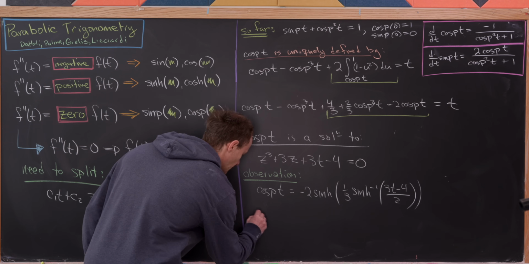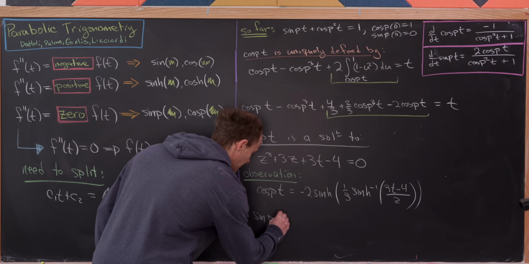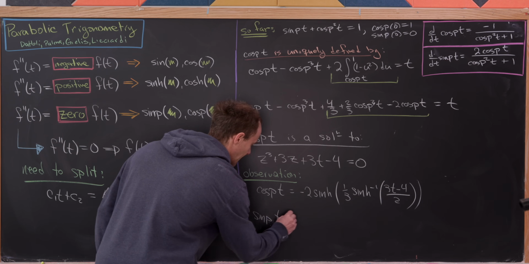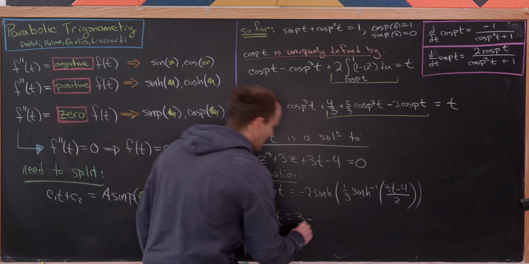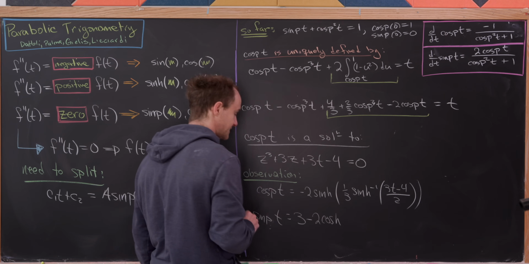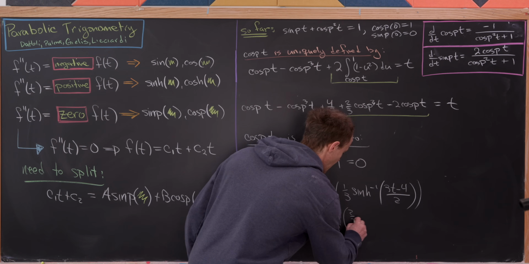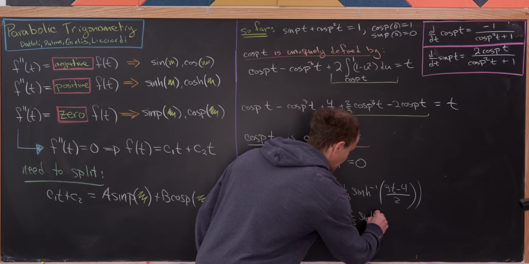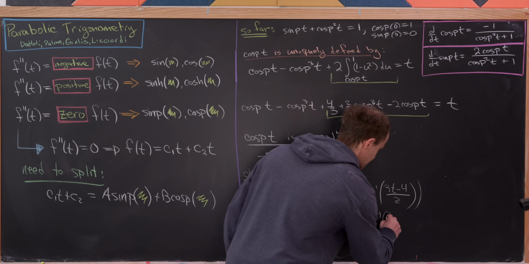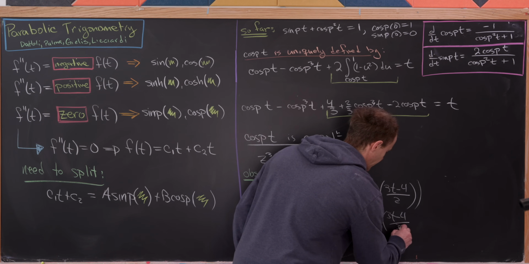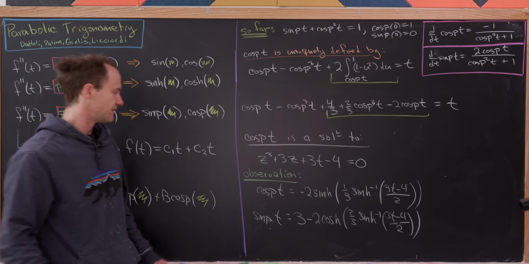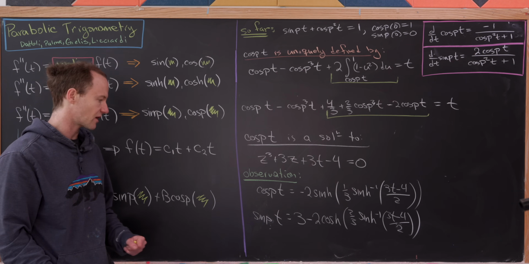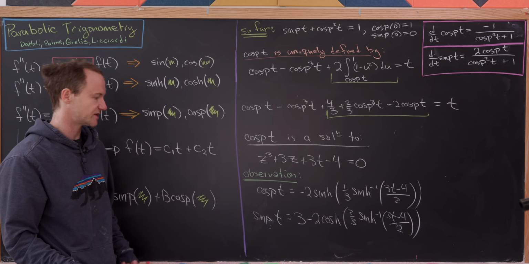And then we also have the parabolic sine is equal to 3 minus 2 times the hyperbolic cosine of 2/3 times the inverse hyperbolic sine of (3t minus 4) over 2. Okay, so that's a cool relation between parabolic and hyperbolic trig functions.